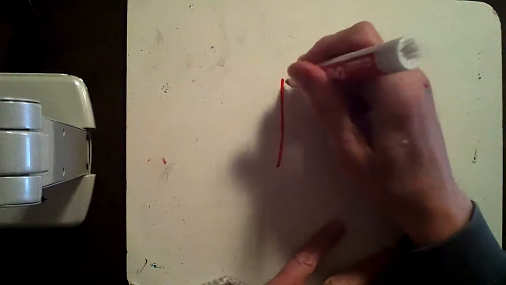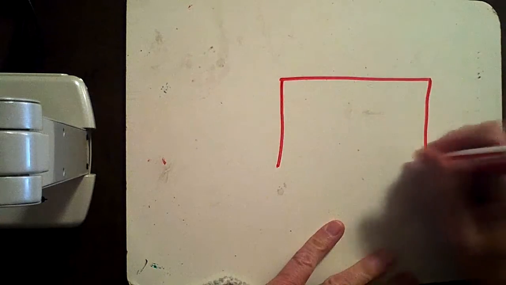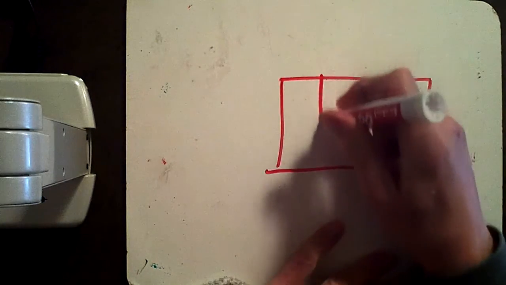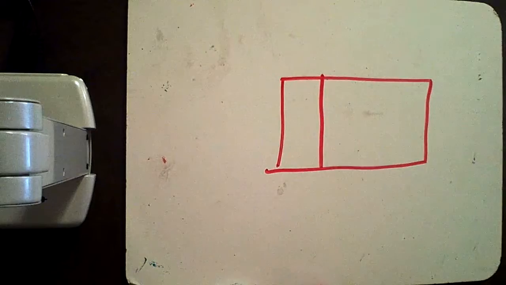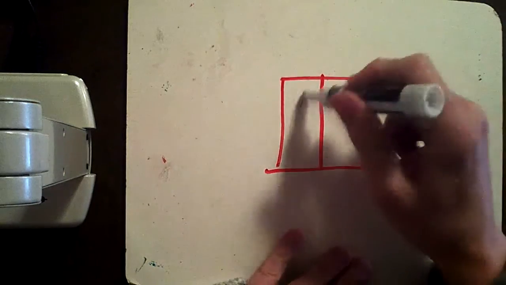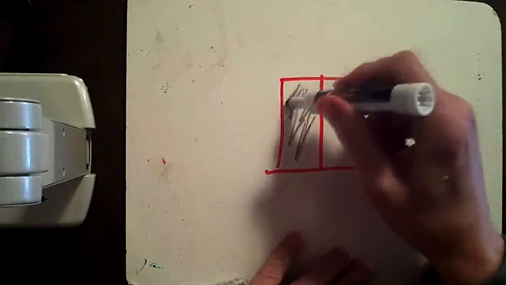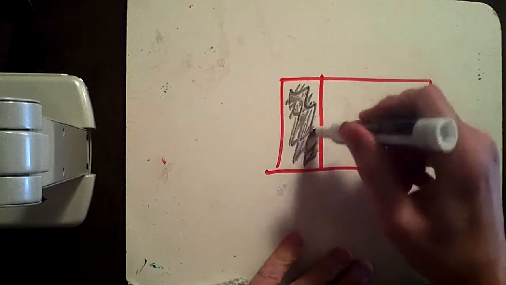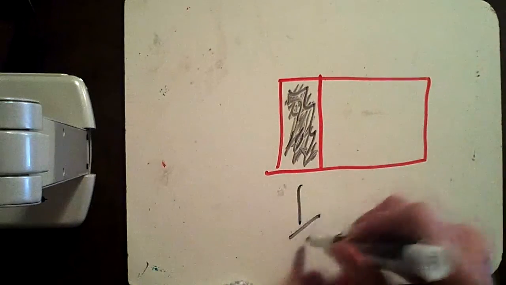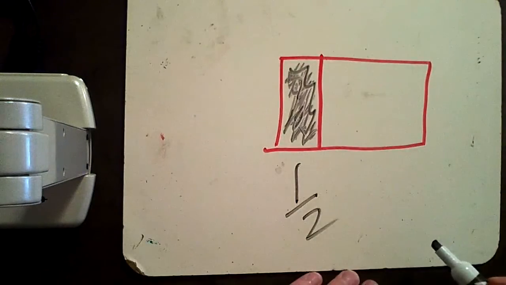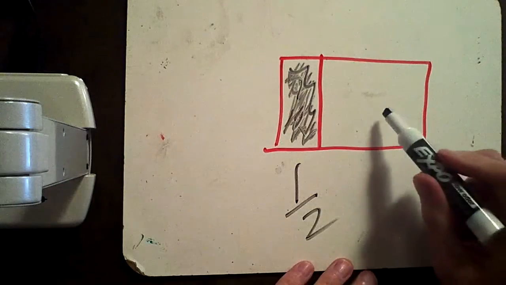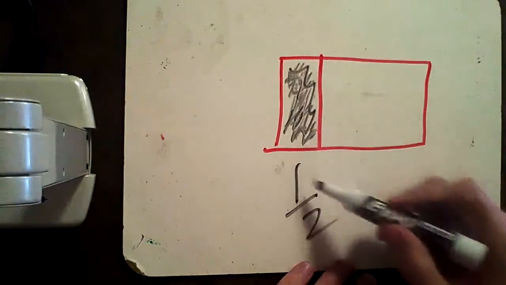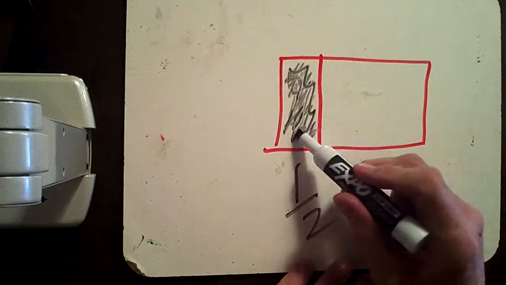One thing we want to be careful of, let's say I have a rectangle like this, and I have a line way over here. And let's say I color it black. Well, would we say that 1/2 of this is black? Let's look. There's 2 parts, and one is black. But the problem is, are these equal parts?